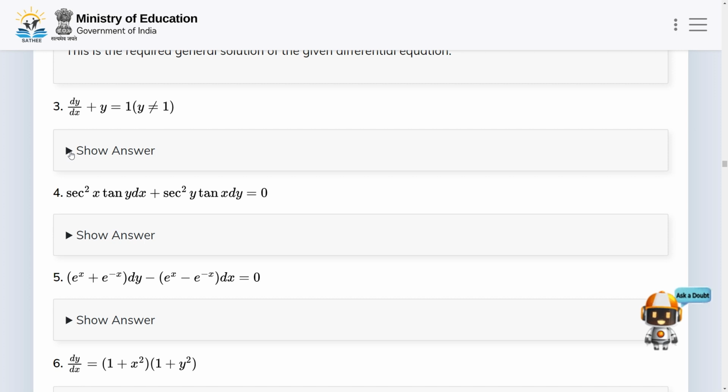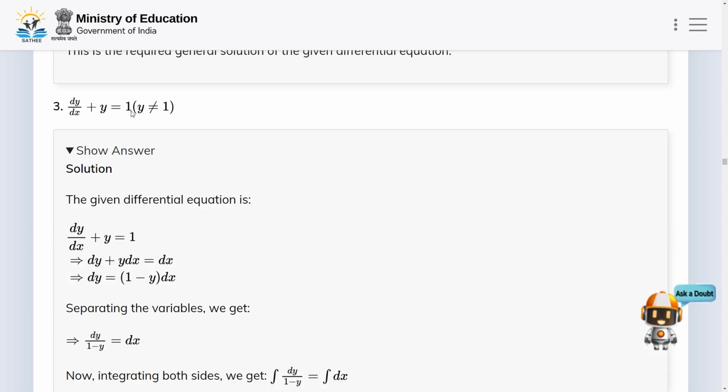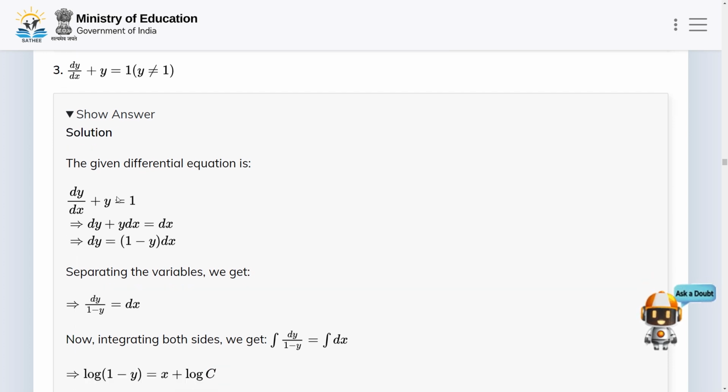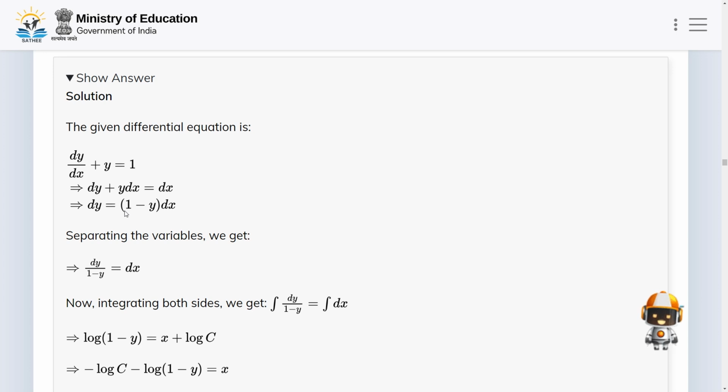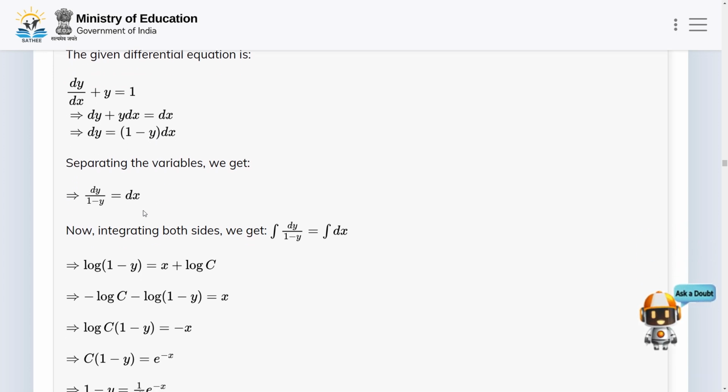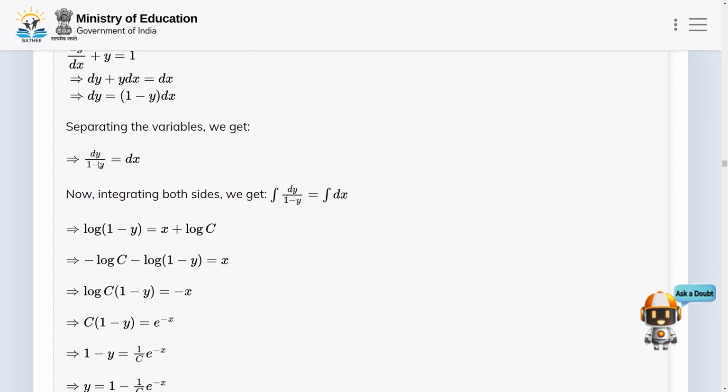Now third, dy over dx plus y is equal to 1. This means take this y to the right hand side. You can rewrite it as dy is equal to 1 minus y dx. Now again, this can be rewritten as dy by 1 minus y is equal to dx.